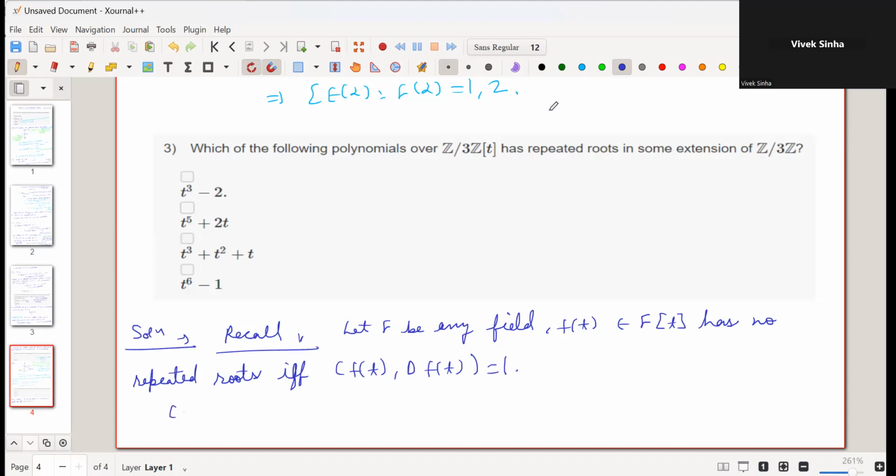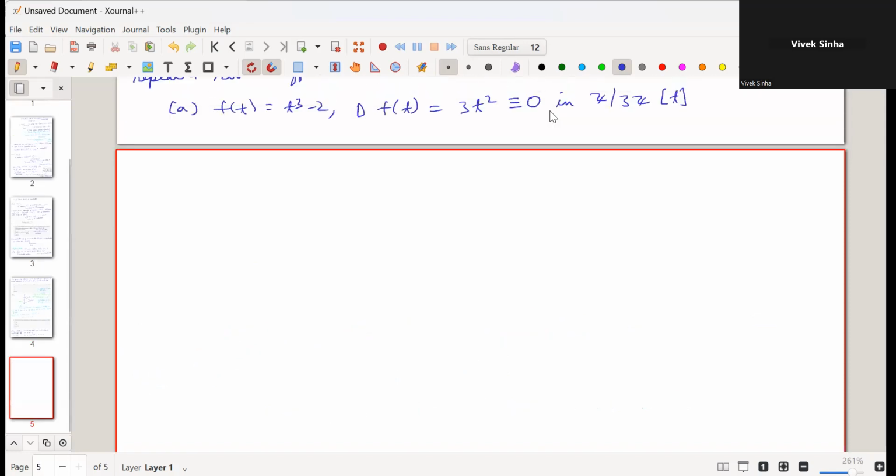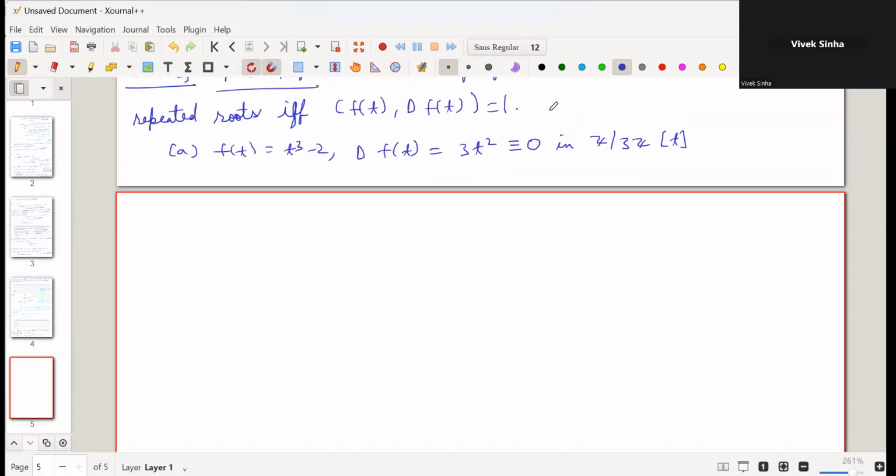In the first case we have f(t) to be t cube minus 2. What is the derivative of f(t)? This is just 3t square. But this is equal to the zero polynomial in Z mod 3Z, because in Z mod 3Z, 3 is equal to 0. So that's why here the GCD is the polynomial itself.